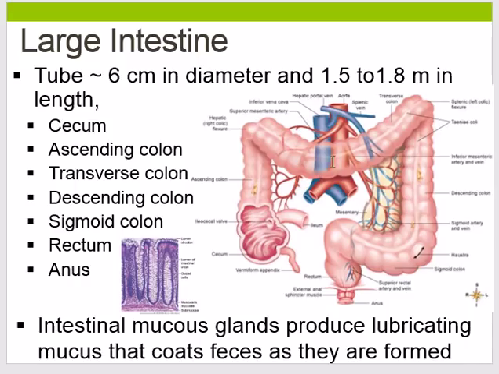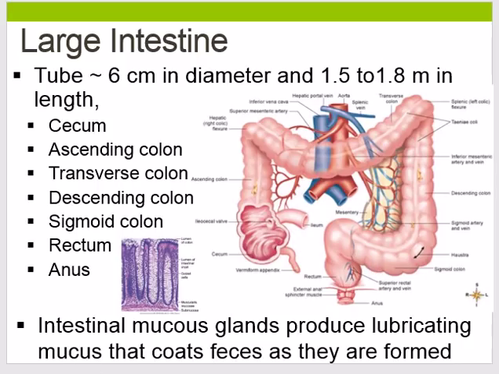Along this region here, we have the transverse colon, because of the orientation of the gastrointestinal tube. Then we have the descending colon. Here we have the sigmoid colon, which gets its name because of its S shape. And then we have the rectum, and finally the anus, where feces is evacuated.